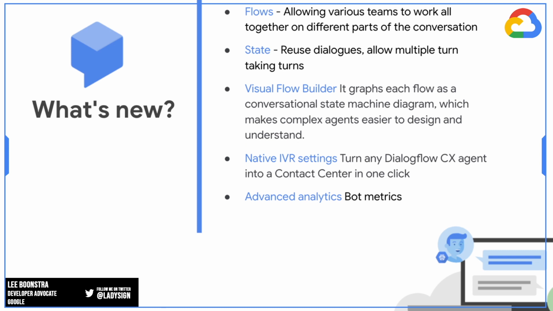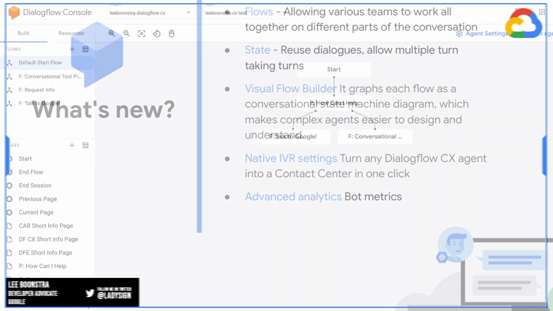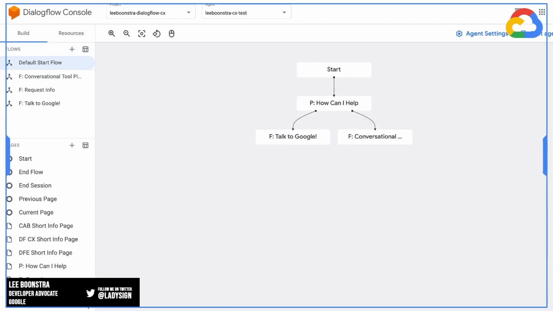It will also come with native IVR settings, so you can turn any Dialogflow CX agent into a contact center just with one click. And then on top of that, it has advanced analytics and bot metrics, so you can see what your customers have been asking and how you can improve your chatbot or your voice bot over time.